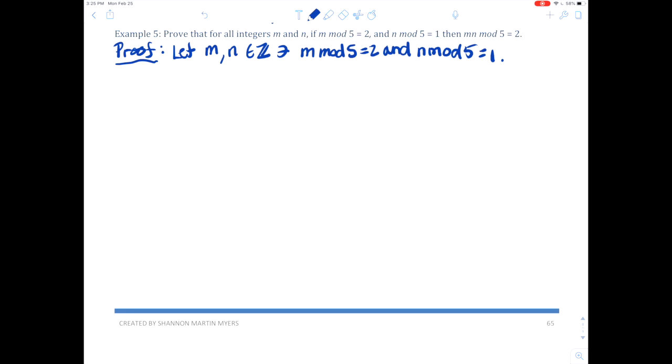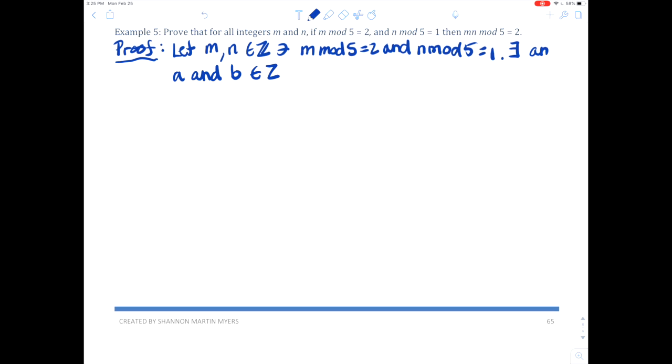So, okay, there must exist. We're gonna have to come up with two more integers, right? Because we're gonna rewrite them in that other format. So let's just use a and b, integers, such that m is equal to, well, the divisor's 5, right?